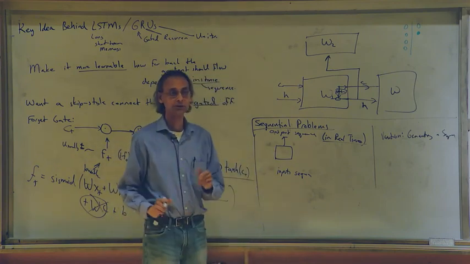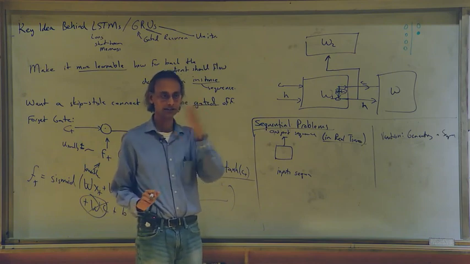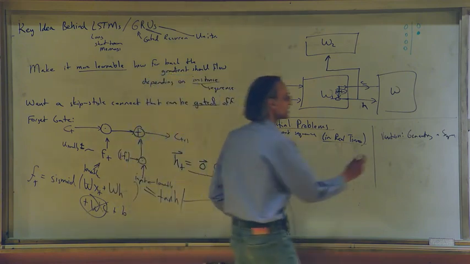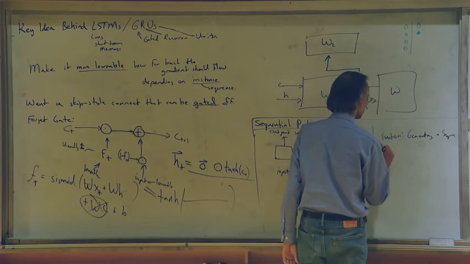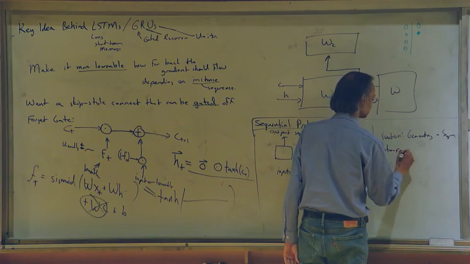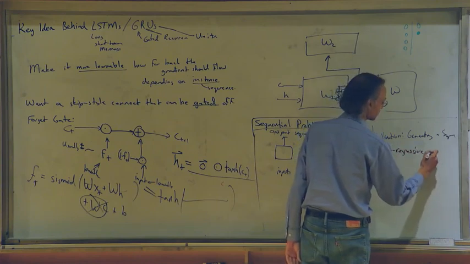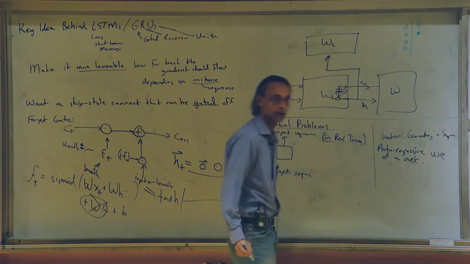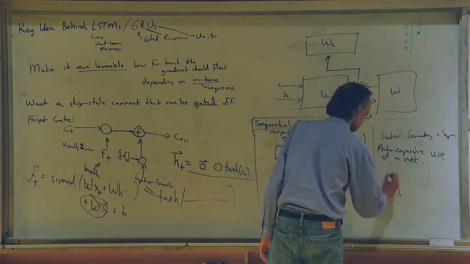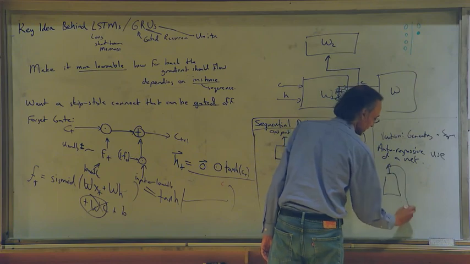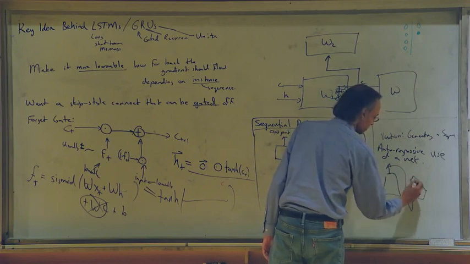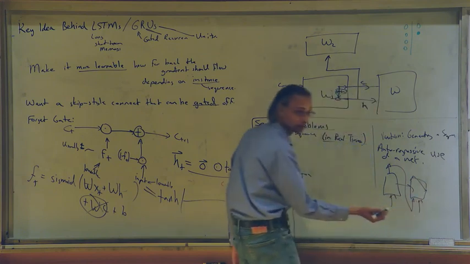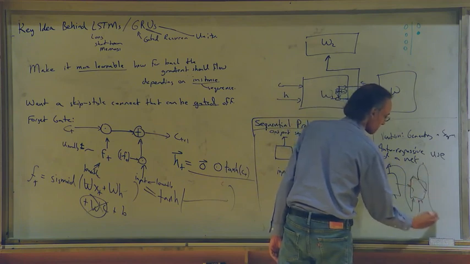For example, if you're trying to generate an utterance, what you've already said matters to what you say next. So this is sometimes called autoregressive use of a network, which means you just take the output and you feed it in as part of the input for the next time step. You might have other inputs too.